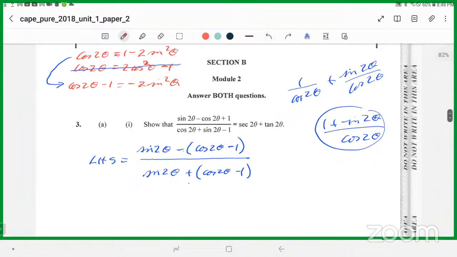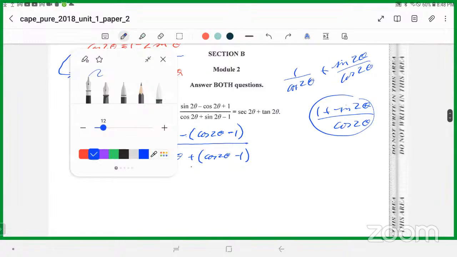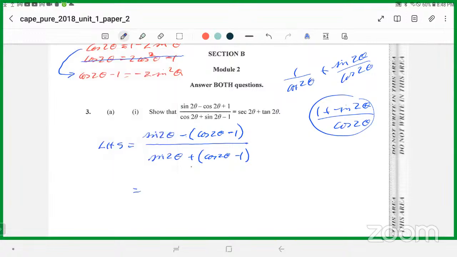So the left-hand side then becomes equal to sine 2 theta. I'm going to expand this now, if you want to know. Well, let's write this up first.